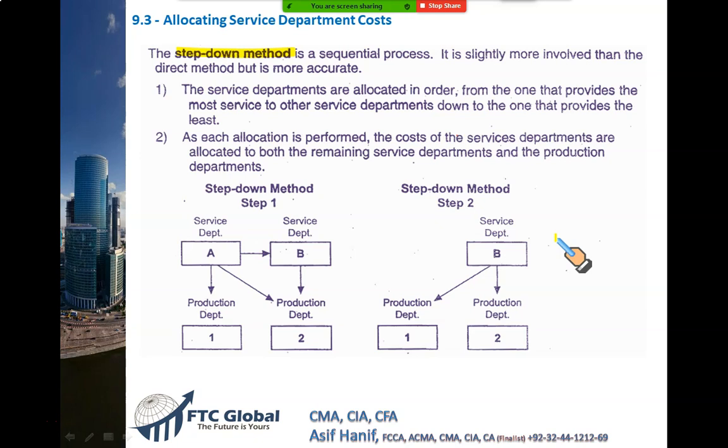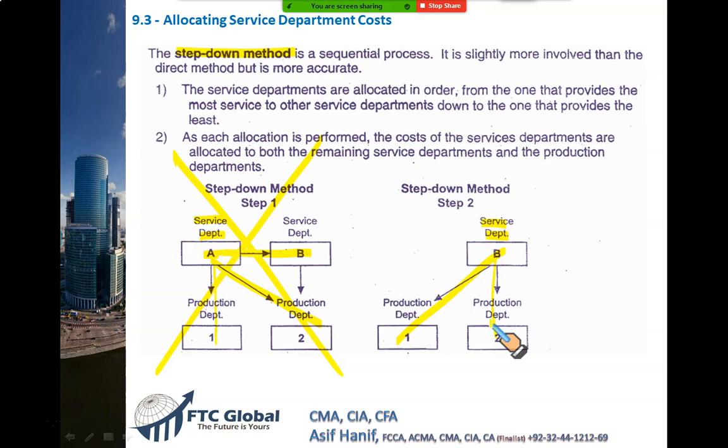Under step down method, we will take one department, let's say canteen. We will transfer some cost of canteen to stores, rest of it to production department 1 and production department 2, and then canteen is closed. Then we will take the second department, stores, and transfer its cost to production department.